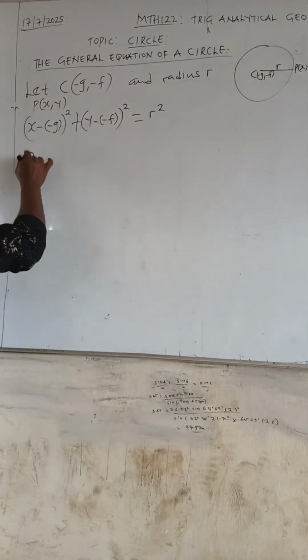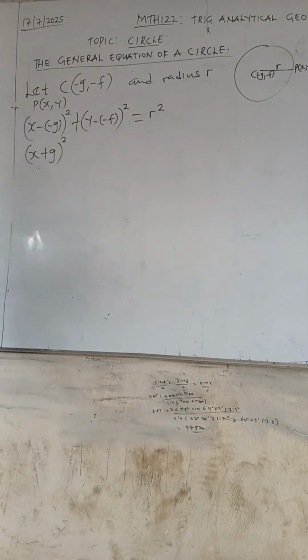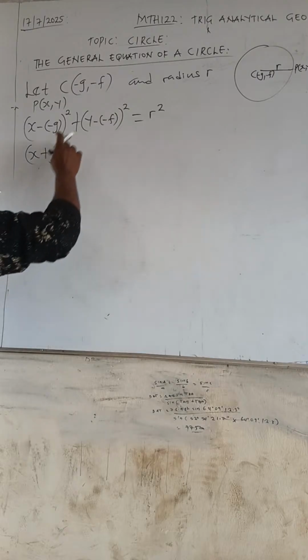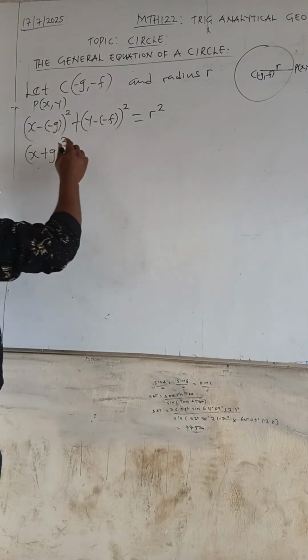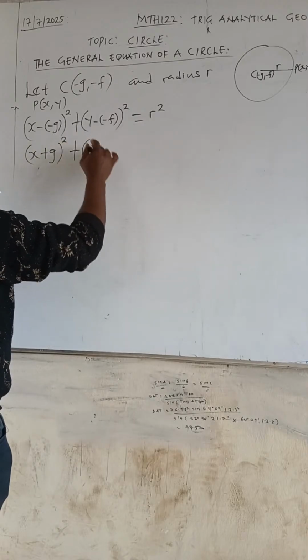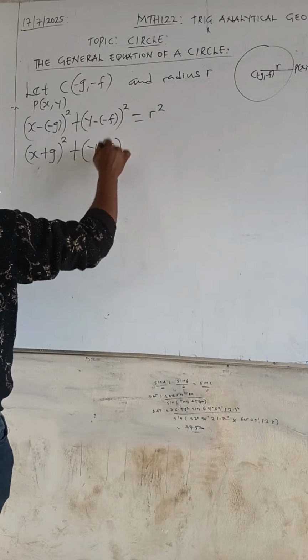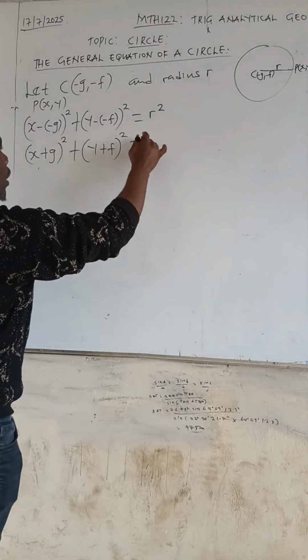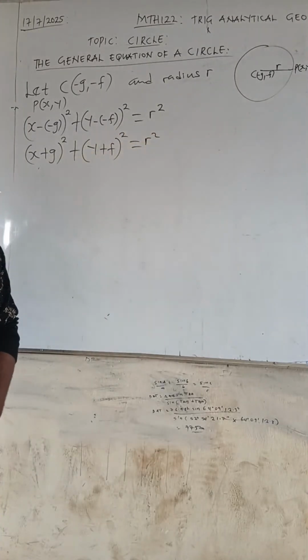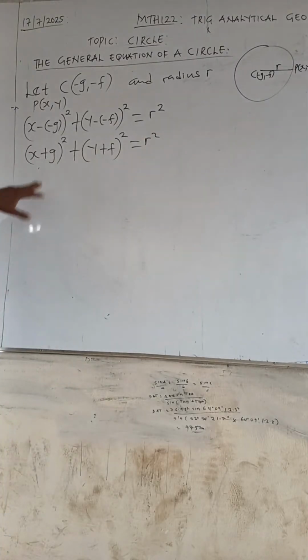So we are going to have x plus g all in brackets squared. So plus open bracket minus times minus, y plus f all in brackets squared, equals r squared. Is there anybody that is not following up to this point?